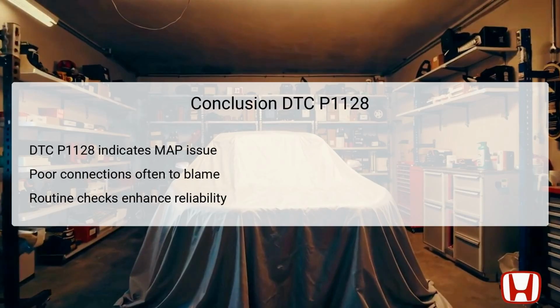Regularly inspecting component connections and ensuring a clear air intake duct can significantly reduce the likelihood of this DTC resurfacing, thereby enhancing vehicle reliability and efficiency. Understanding these aspects is key for both technicians and vehicle owners in addressing MAP sensor-related issues effectively while promoting routine maintenance for optimal operation.